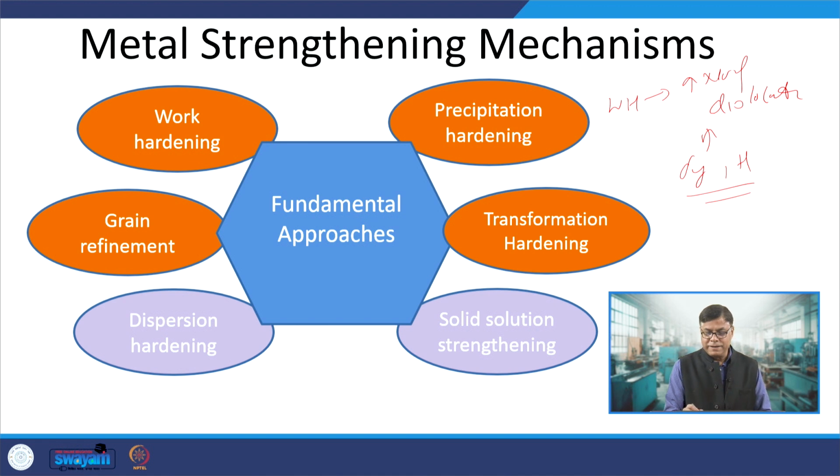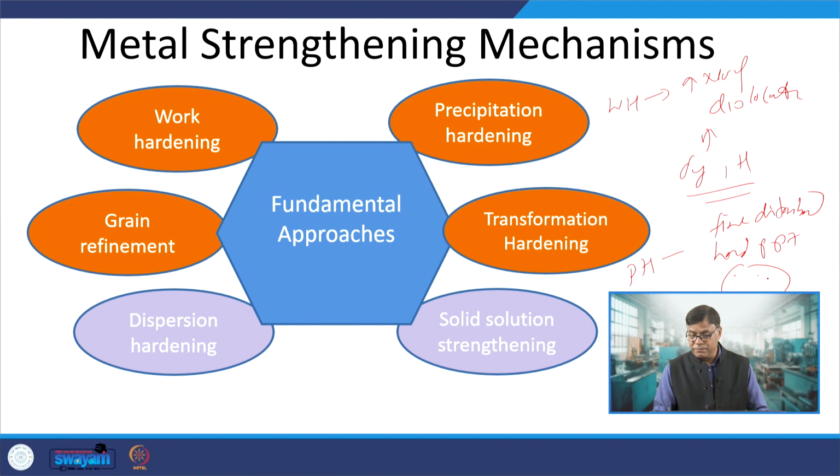On the other hand, precipitation hardening is based on the principle of developing fine distributed hard precipitates in a matrix of relatively soft metal. So, this is the soft metal and fine precipitates are distributed. What happens when heat is applied is that these precipitates tend to get dissolved.